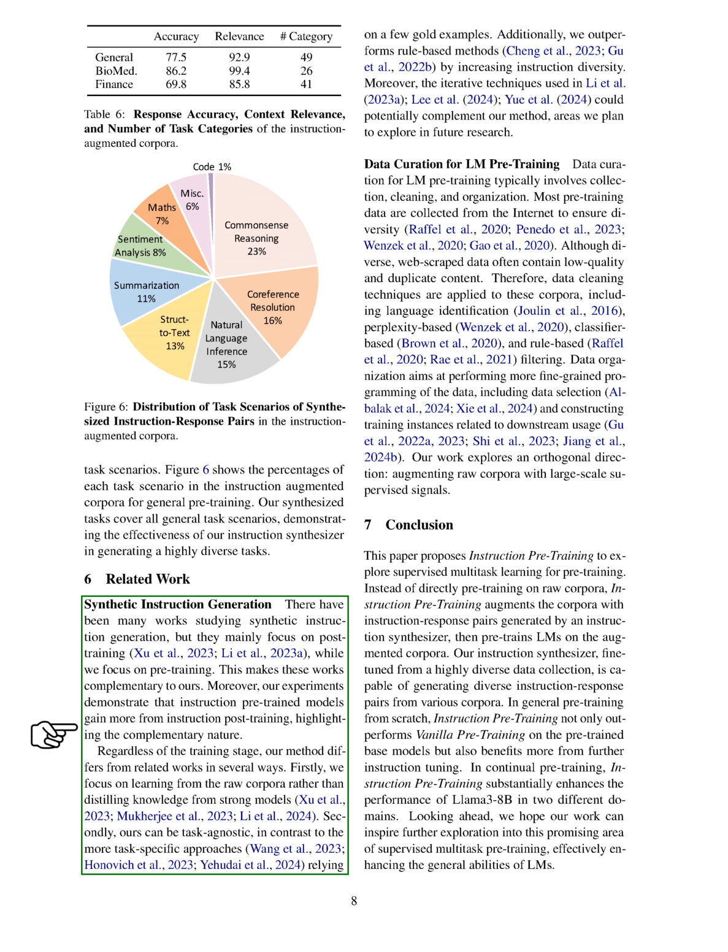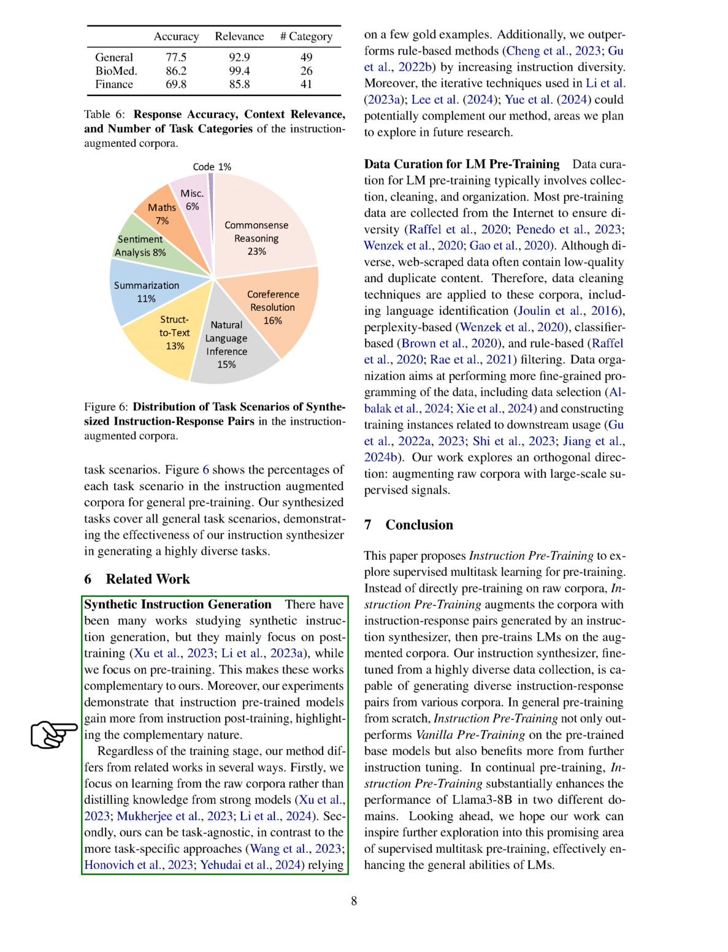Regarding synthetic instruction generation, previous studies have focused on post-training, while our emphasis is on pre-training, making our work complementary to existing research. Our experiments reveal that pre-trained models benefit more from post-training with instructions, emphasizing their complementary nature. Our method differs from related works in several aspects.